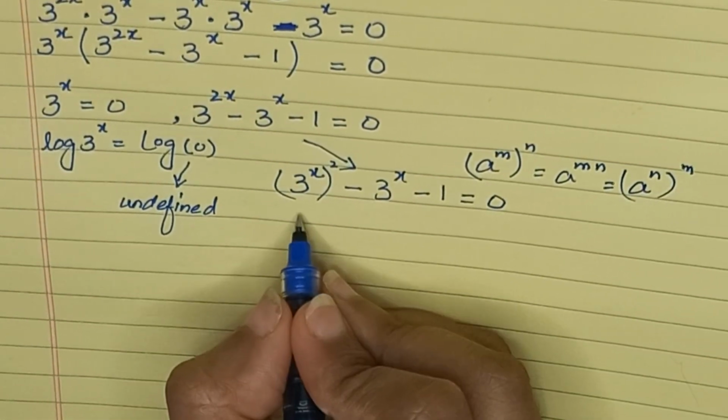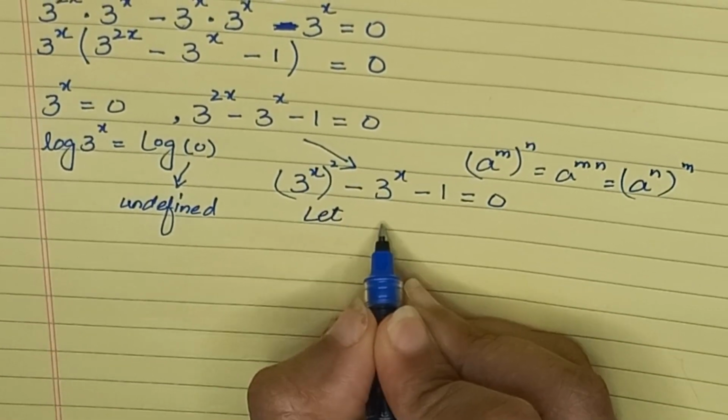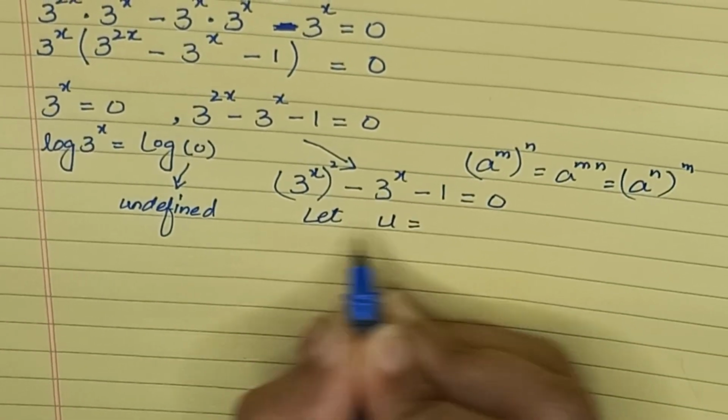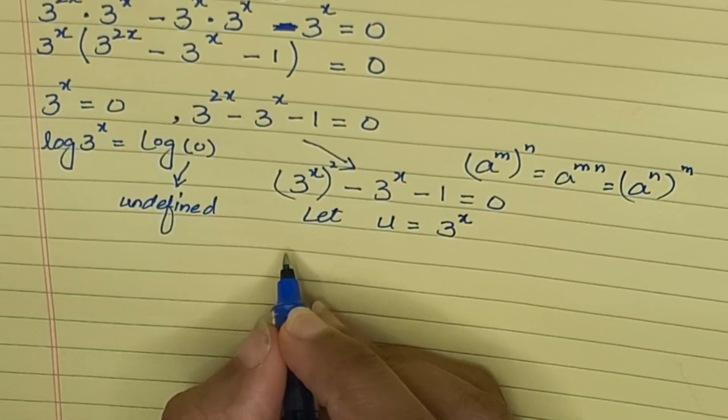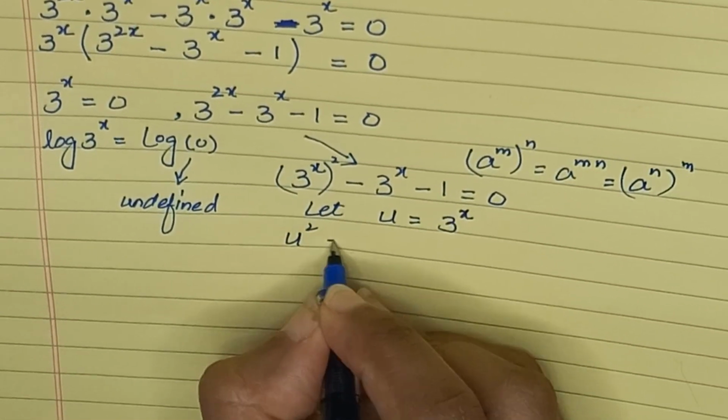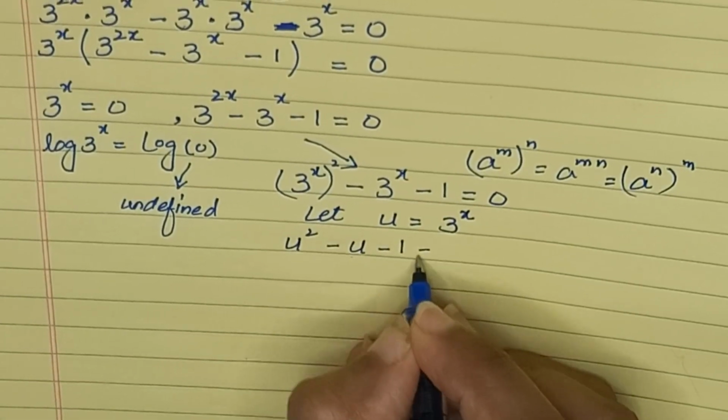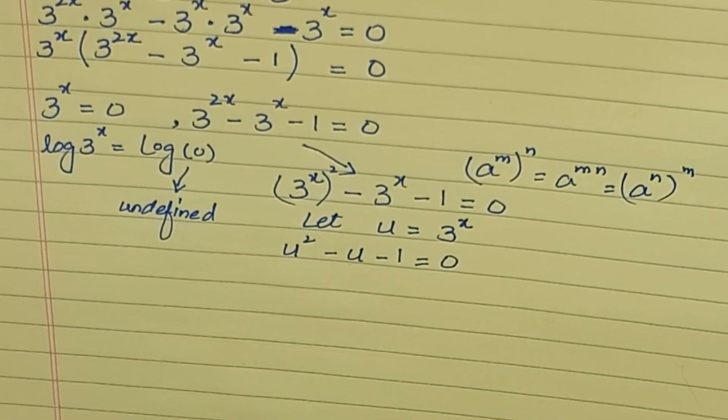From this equation, let u be equal to 3 raised to the power x. So this equation will become u squared minus u minus 1, which is equal to 0.